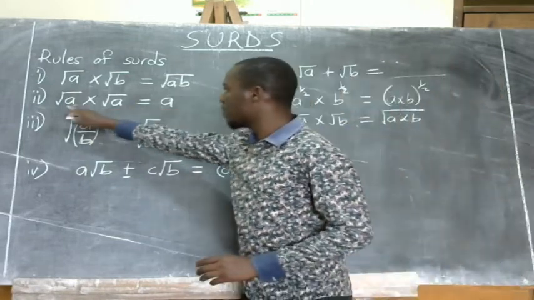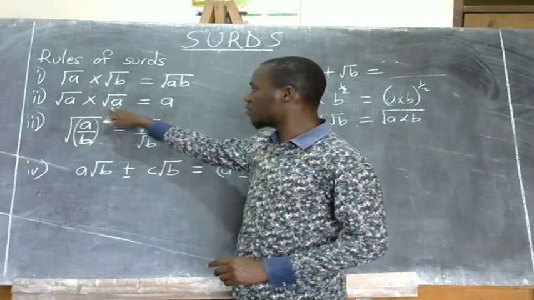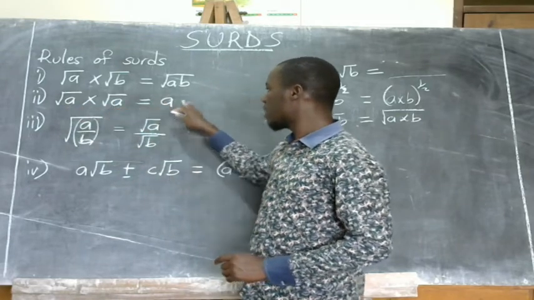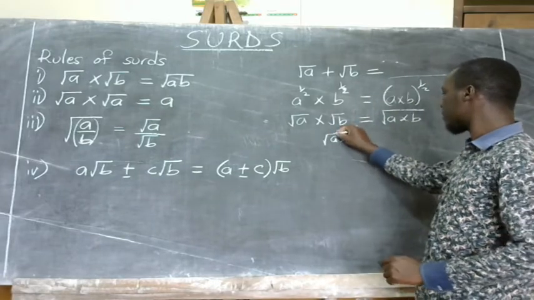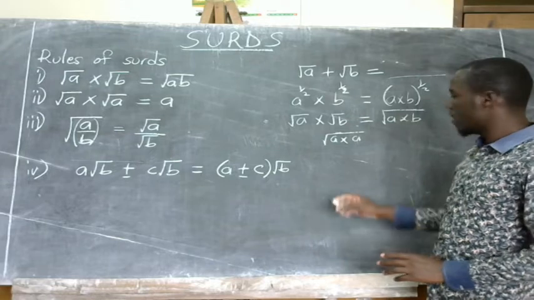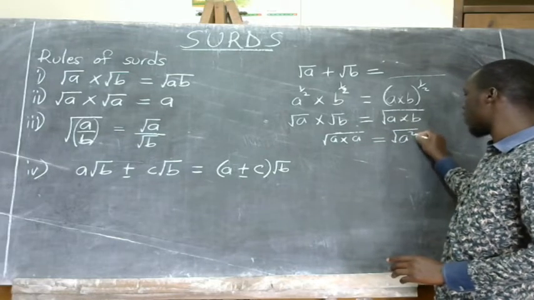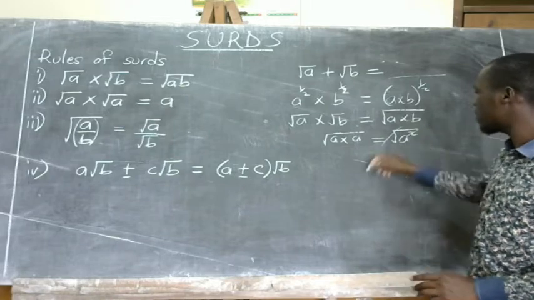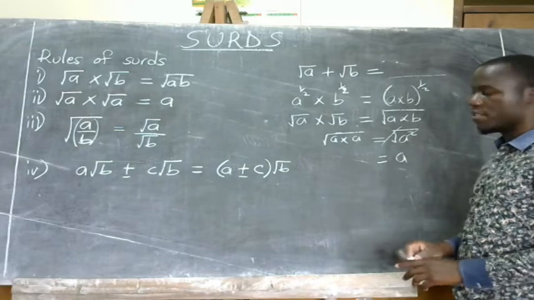Then here, if I have root of A times root of A, we say it's going to be A times A under the square root. By the laws of indices, A times A is A squared, and then the square ends up cancelling with the square root to have A there.